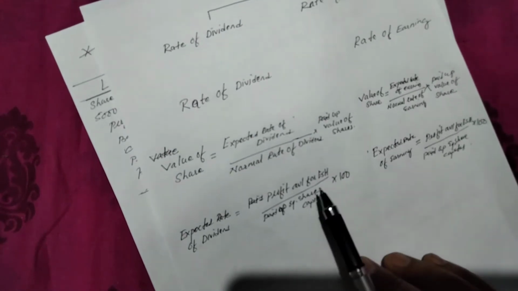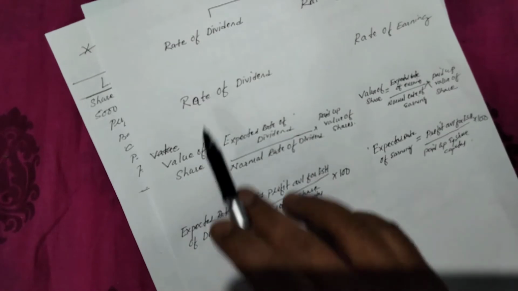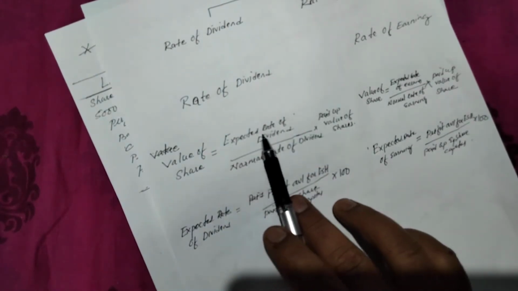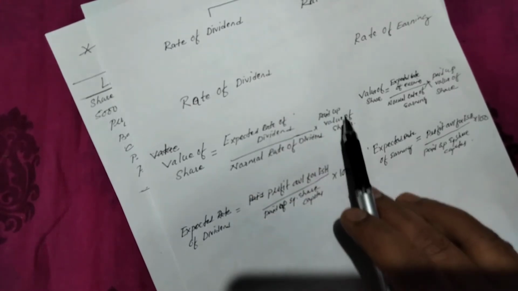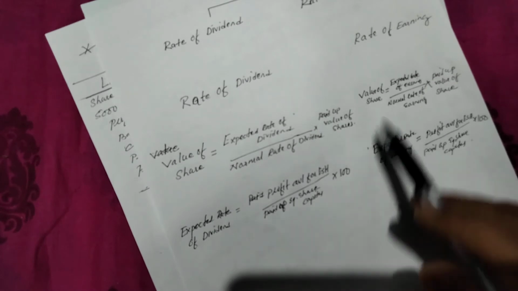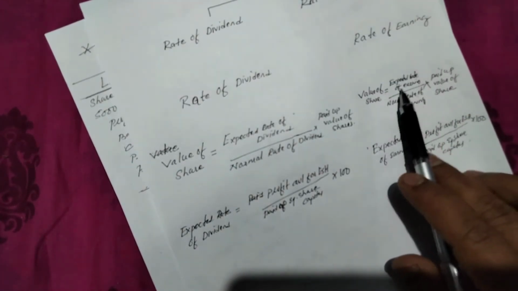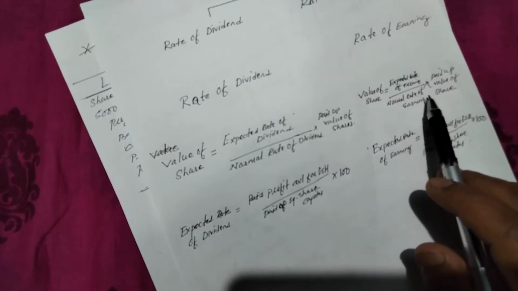Now what is the formula to find the value of a share when the rate of dividend is given? The formula is expected rate of dividend divided by normal rate of dividend into paid up value of share. For the rate of earning method, the value of share is expected rate of earning into paid up value of share divided by normal rate of earning.